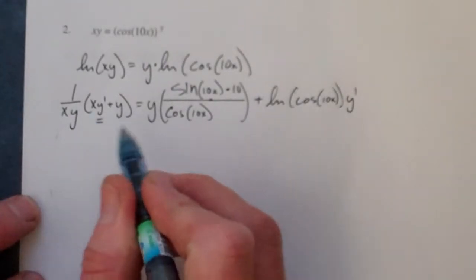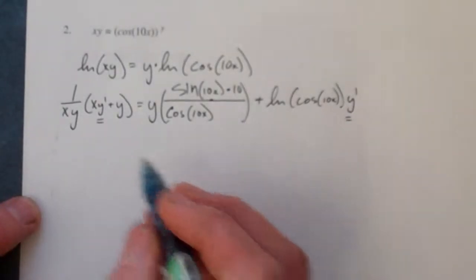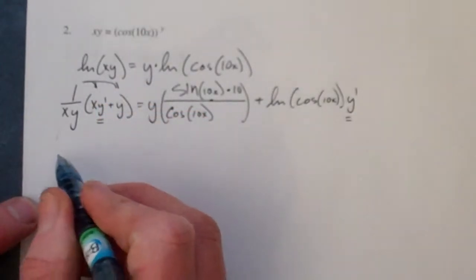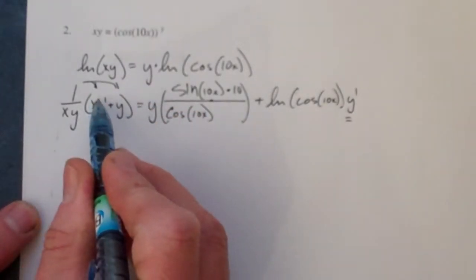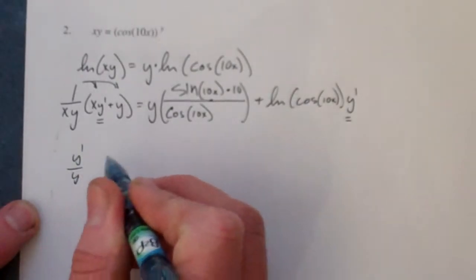Well, I've got a y prime right there, and I've got a y prime right there. So it's group and factor. I've got to distribute each of these in. And when I do that, I'm saving time. The x's cancel, and I get y prime over y.